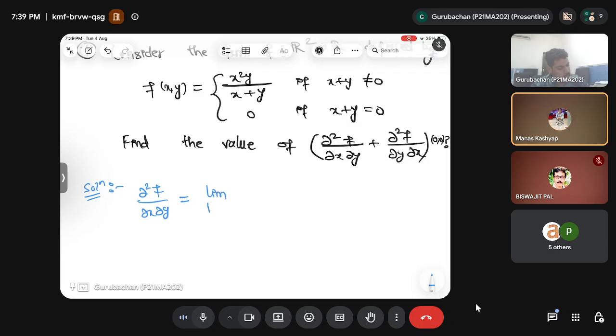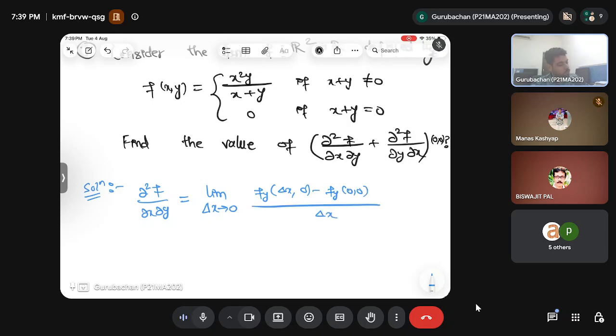So this will be limit delta x tending to 0 of fy of (delta x, 0) minus fy of (0, 0) upon delta x. Now you can open up the expression of fy.